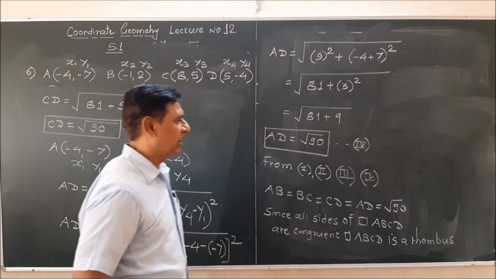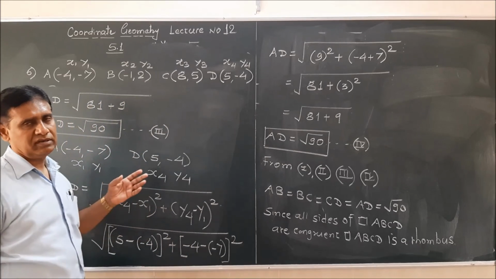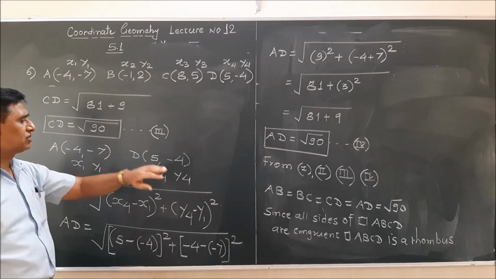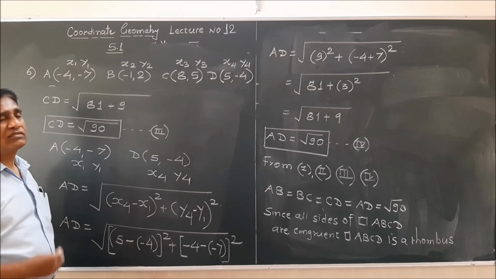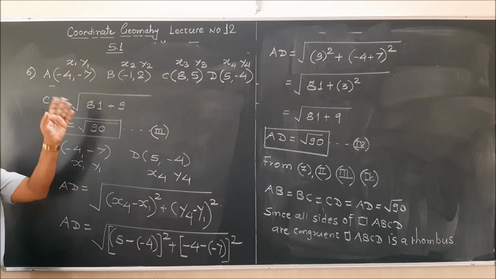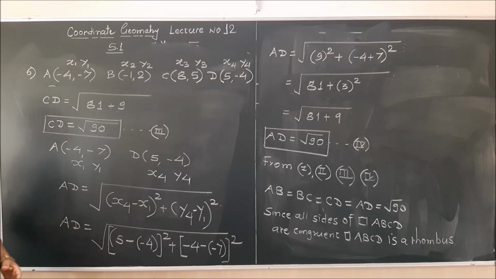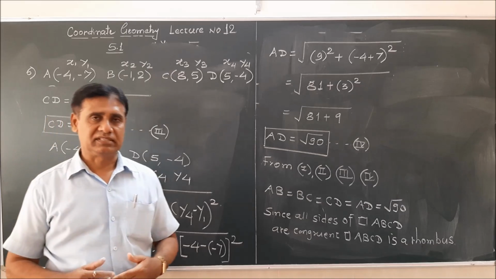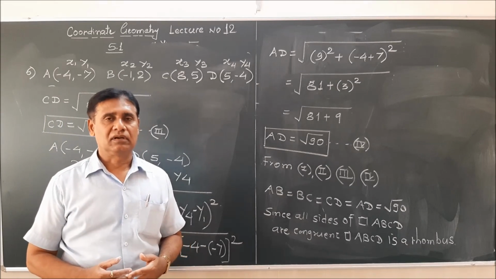So this is how you find it: we labeled the coordinates as x1, y1, x2, y2, x3, y3, x4, y4. Then I found the values of AB, BC and CD as well as AD, and I got the values of all these sides as root 90. Therefore, quadrilateral ABCD becomes a rhombus.